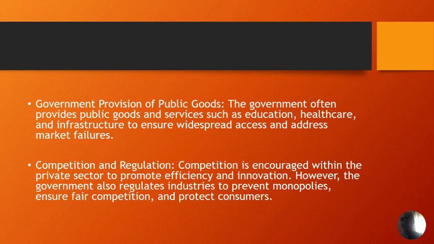Because market failure, as we talked about it, denotes a situation whereby the free market economy fails to provide certain goods which are socially desirable, which provide social benefits to the citizens of the country. So when you look at the government in a mixed economy, they are the one which addresses the market failure by providing the essential goods and services such as healthcare, education, and infrastructure.